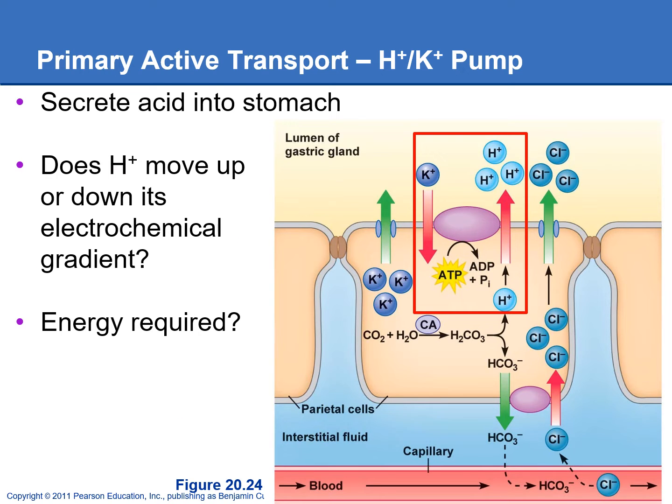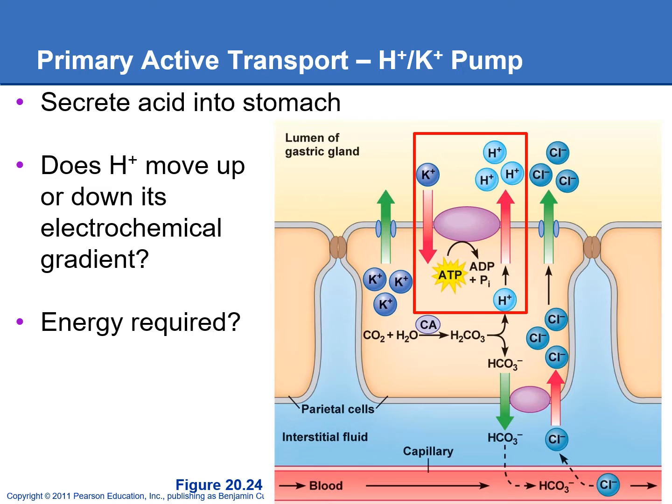Here's just another example of primary active transport. This one is a proton potassium pump that we find in the stomach. And you can see that if you take a look at the hydrogen ions, they're going to be moving from low to high concentration. And then you can see potassium is also moving from low to high concentration.